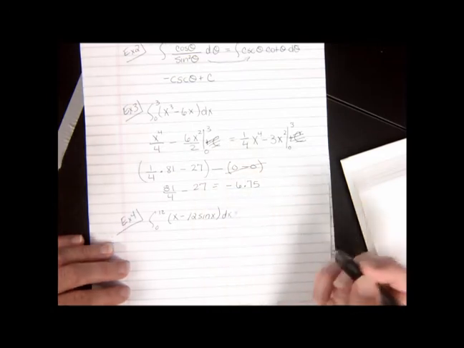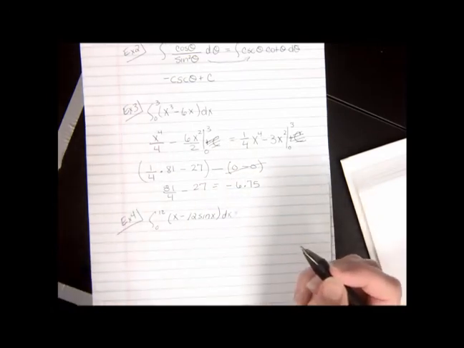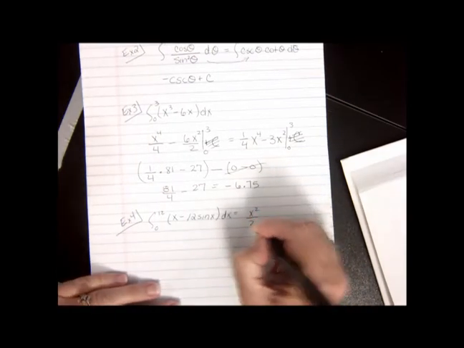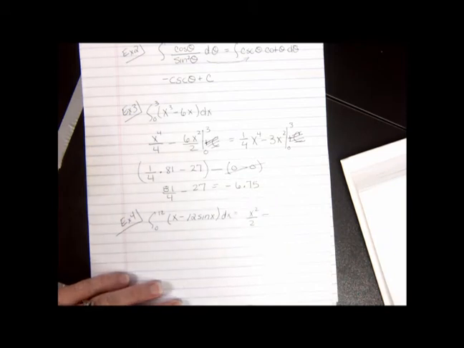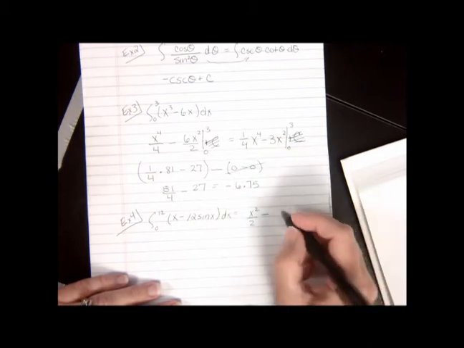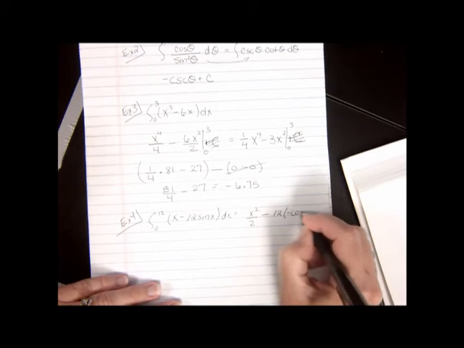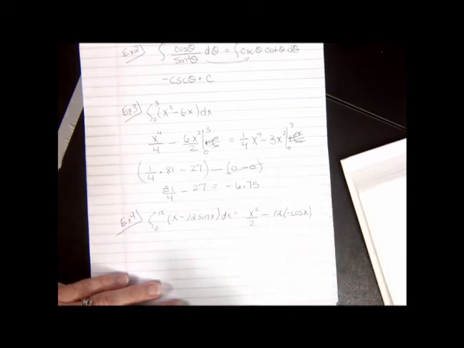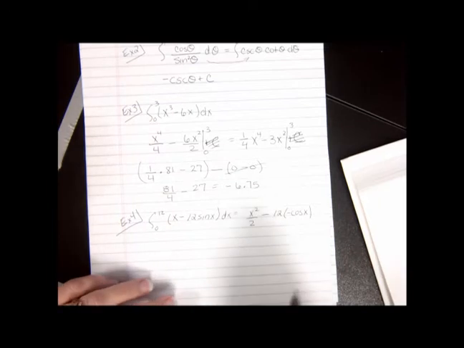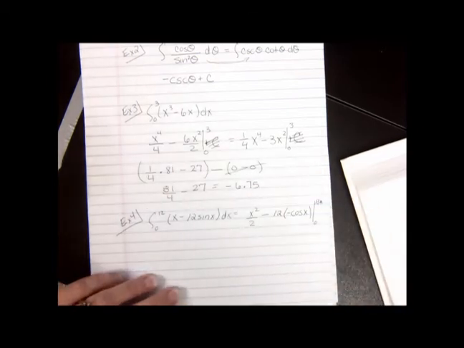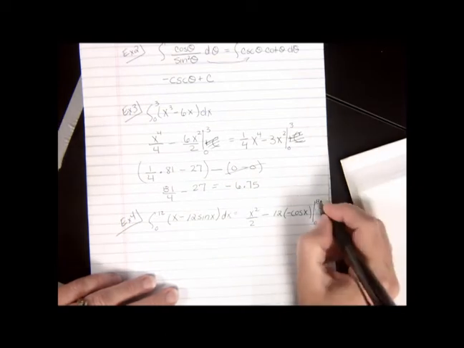All right, and if I take a look at integrating that, I will have x squared over 2 minus, now here I have my sine of x, so if I integrate this, I will get 12 negative cosine of x. Okay, 12 negative cosine of x. And I am looking at this from, it says 0 to 13. Oh no, 0 to 12. I have my glasses on right now. There's the problem. 0 to 12.